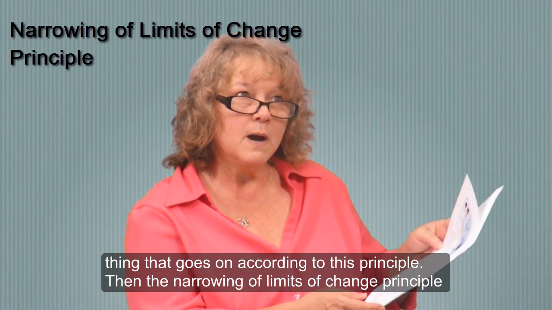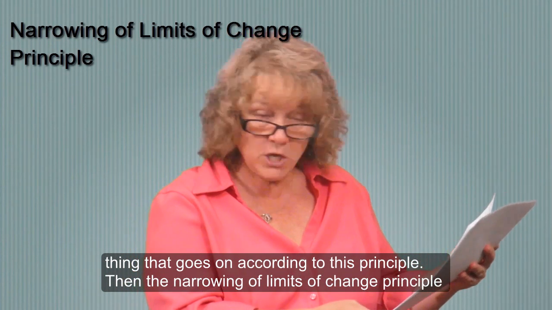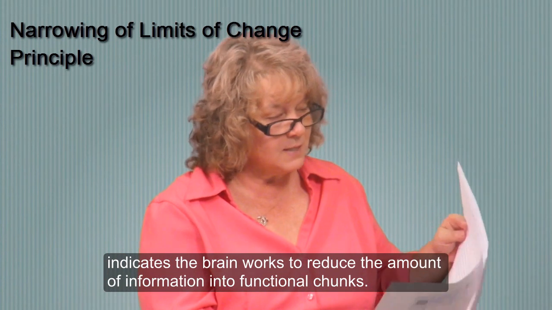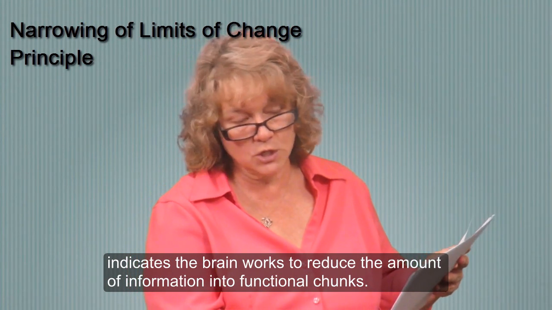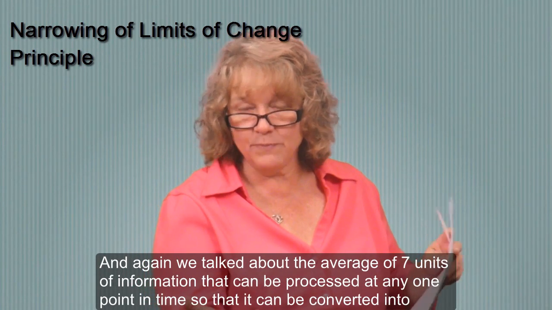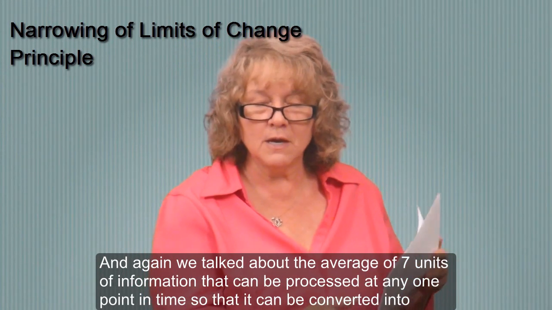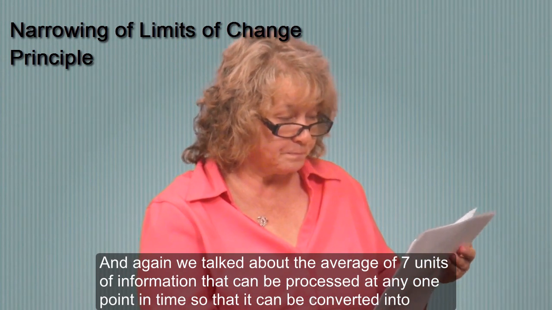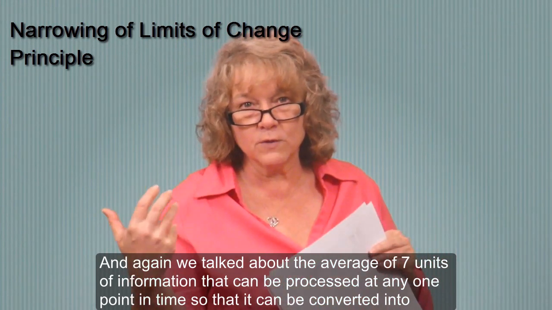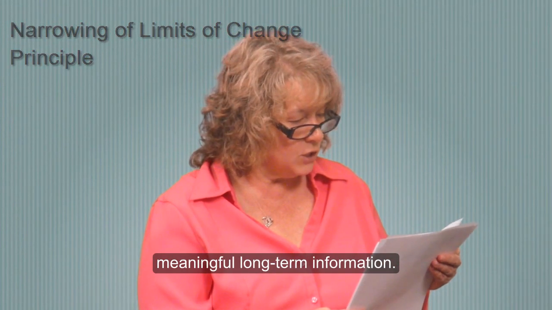Then the narrowing limits of change principle just indicates that the brain works to reduce the amount of information into functional chunks. And again, we talked about an average of 7 units of information that can be processed at any one point in time so that it can be converted into meaningful long-term information.